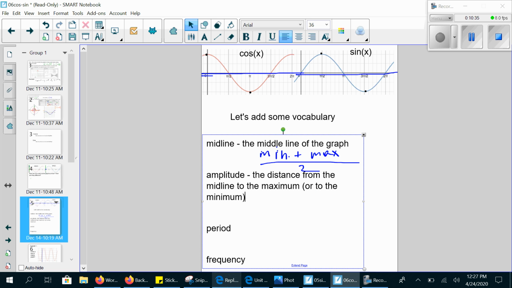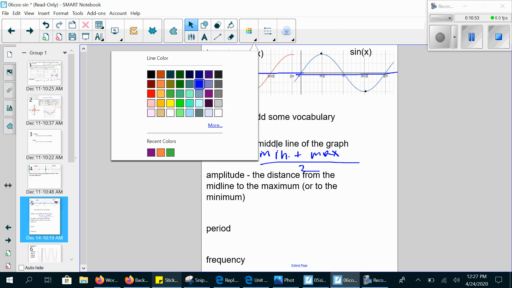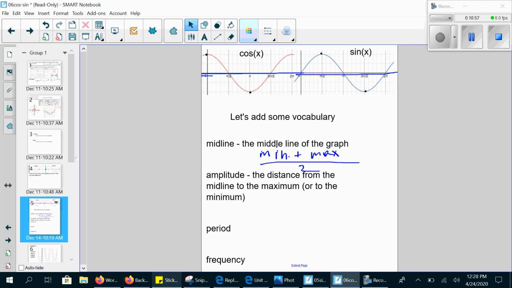of your graph. And the distance from the midline to the max will always be the same as the distance from the midline to the minimum because that's basically the definition of midline, right? It's the place that's halfway between your minimum and your maximum. So for these graphs, if we want to measure the amplitude of sine x and cosine x, we're going from this midline that we found at 0 up to the maximum, which is at 1.